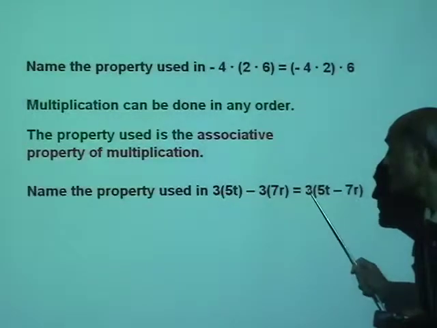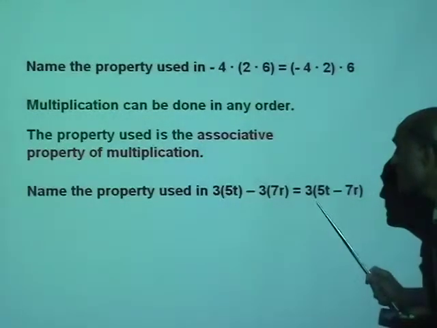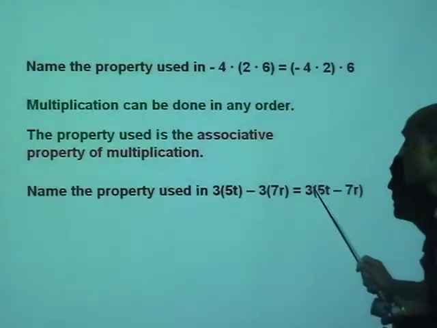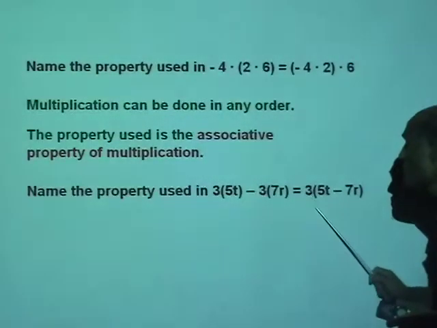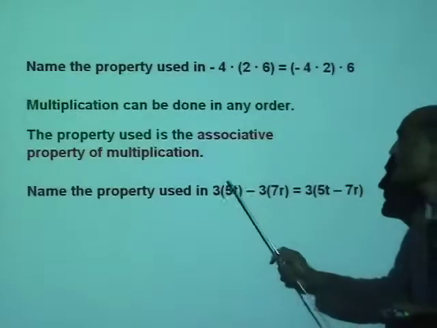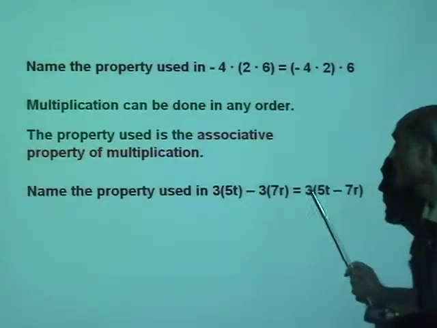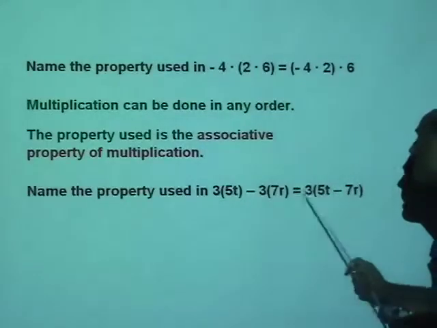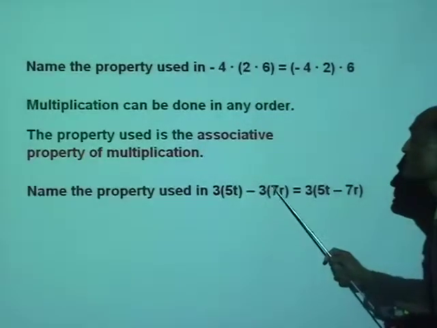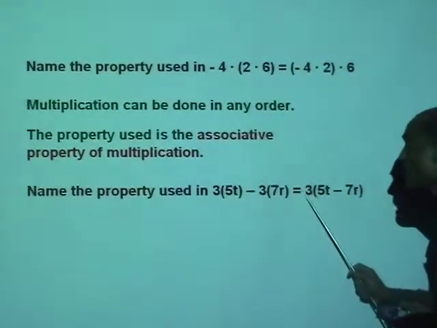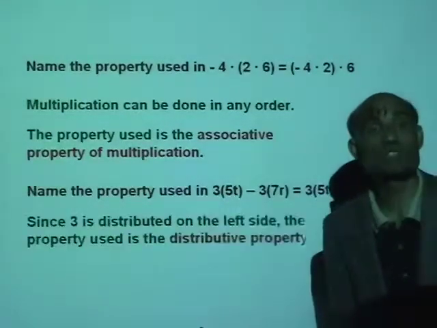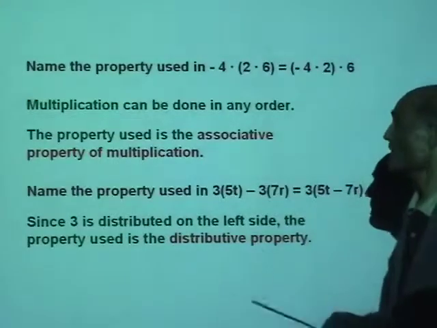To distribute means multiply this 3 with each of the numbers inside the parenthesis. Look at this. 3 multiplied by 5t is this. And 3 multiplied by negative 7r is minus 3 times 7r. So what have we used here? This is the distributive property is what is used here.